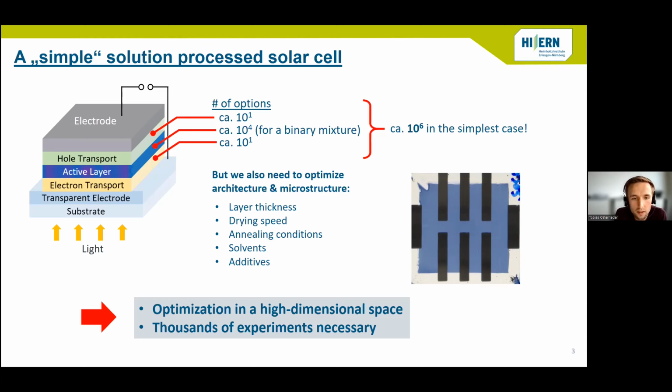So in the end, we have a high dimensional space, and we want to find the best solar cell in a fast time, and we don't want to make too many cells. I don't have the answer for this problem, but I maybe have a way to find a good solar cell in a fast way.